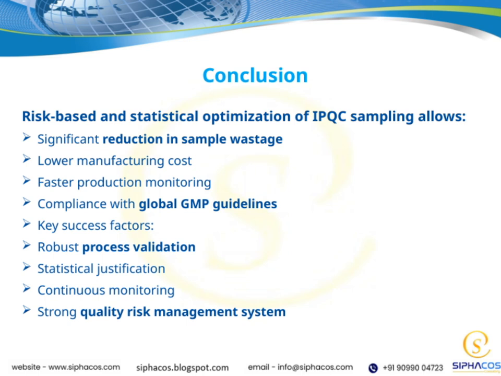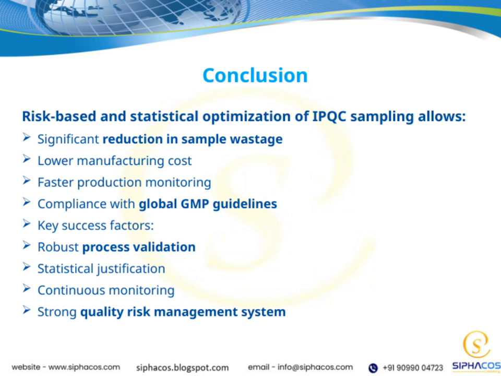Now, to achieve these outcomes, there are key success factors we need to focus on. Robust process validation is essential, making sure our processes are well understood and reliable. Statistical justification is also critical. We must base our sampling decisions on solid data and sound analysis. Continuous monitoring helps us stay proactive, catching potential issues before they escalate.